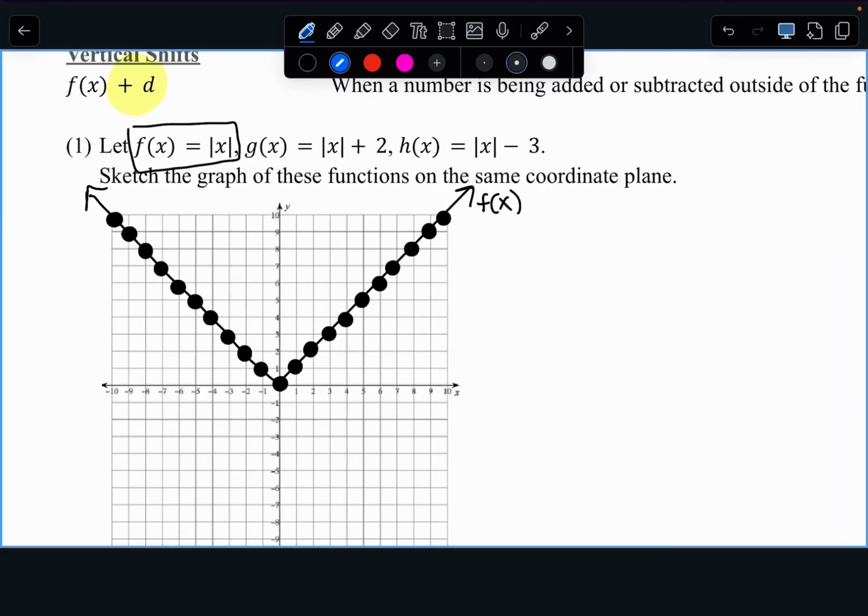G of x, I'm going to do in blue. This is saying take that same function, but move it up 2. So every single one of those points is going to be moved up 2. And then do the same thing.